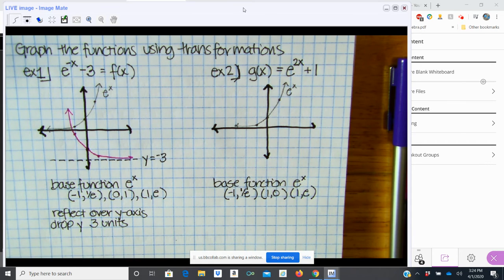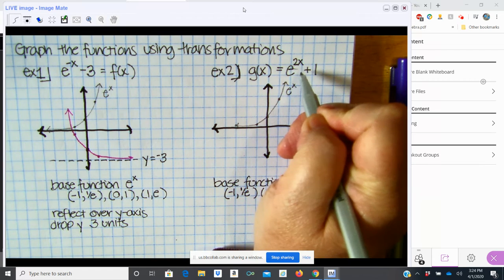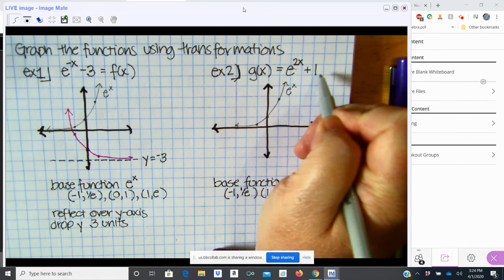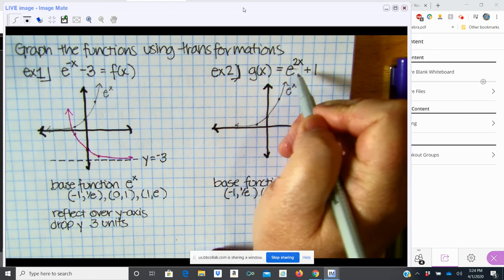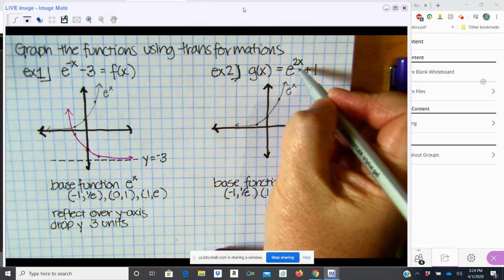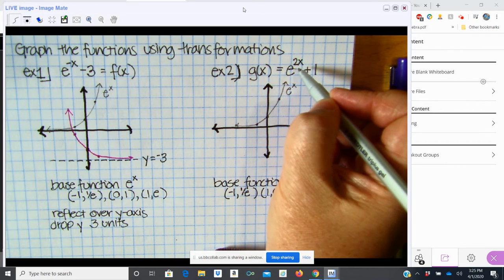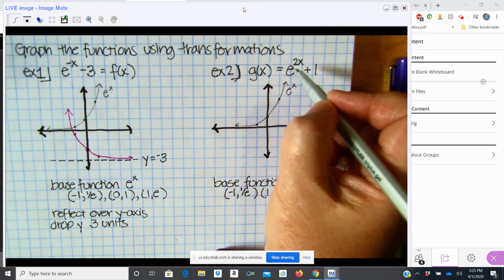Now, working from the inside of the function out, what is this 2 going to do to my x values? It looks like it should stretch it, but remember from transformations, when you're affecting the x, it actually does the opposite.